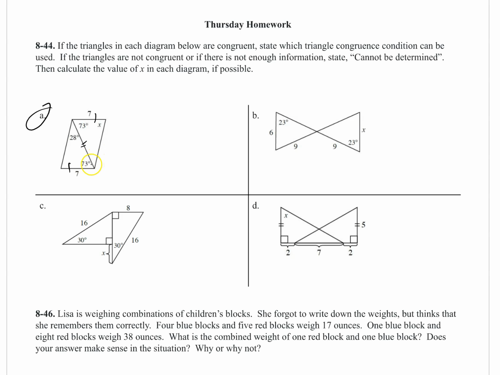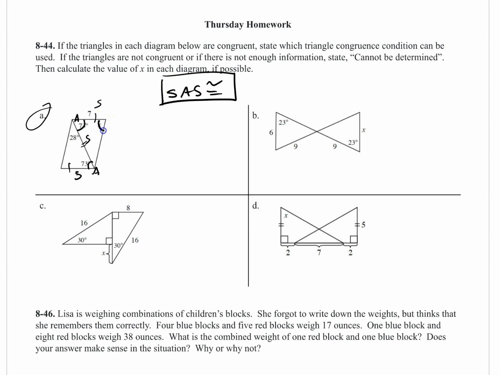And then we have an angle. So this top triangle, we have a side, angle, side. And then the bottom triangle is also going to be side, angle, side. So this is SAS congruence.